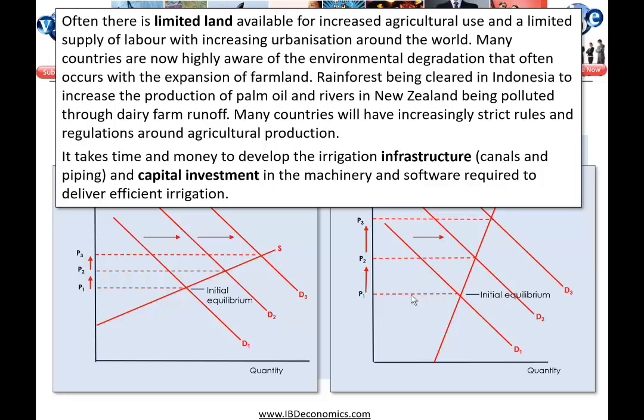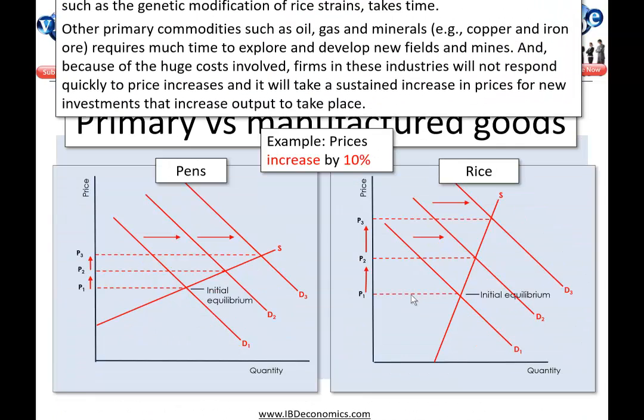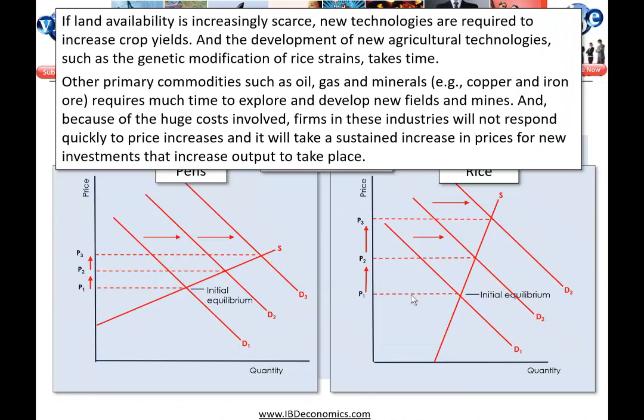It's going to take time and money to develop the irrigation infrastructure, canals and piping, and capital investment in the machinery and software required to deliver efficient irrigation. If land availability is increasingly scarce, new technologies are required to increase crop yields, and the development of new agricultural technologies, such as genetic modification of rice strains, takes time.